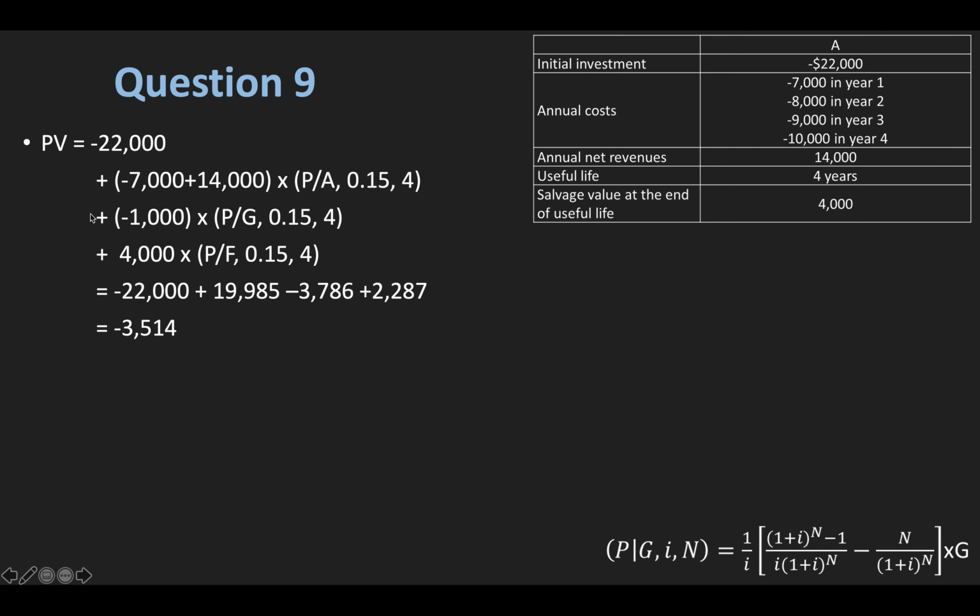Then we have the gradient, negative $1,000, which gives us another gradient cash flow, so we can do that calculation as well. Add them all together, and we find the present value is negative $3,514.